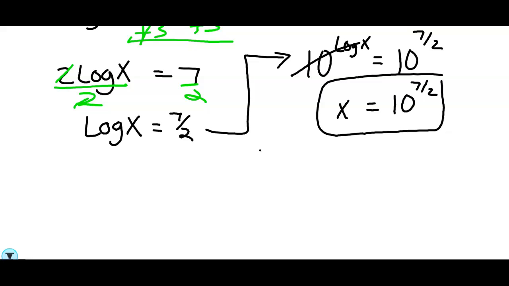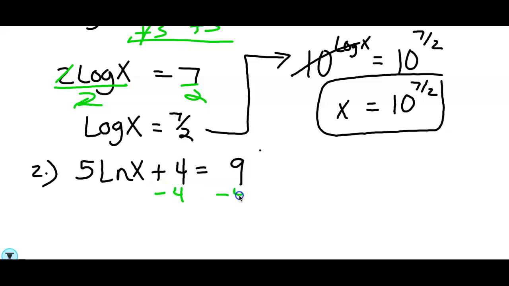Okay, let's take a look at another one real quick. Number 2, suppose I have that. What would be the first thing I do? Minus 4 on both sides.